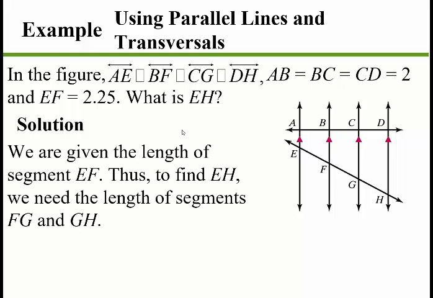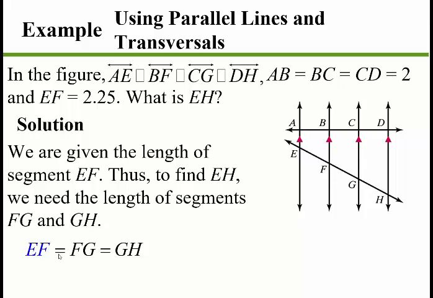Well, we're given the length of segment EF, which I said was 2.25. Thus, to find EH, we need to find the lengths of the next segments, FG and GH right here, and then just add them together, right? Using that theorem, these parallel lines are cut by a transversal and these segments are congruent, so it also means these segments must be congruent.